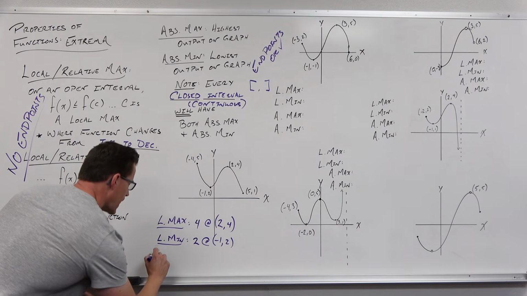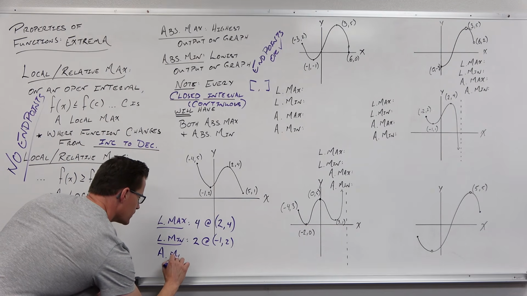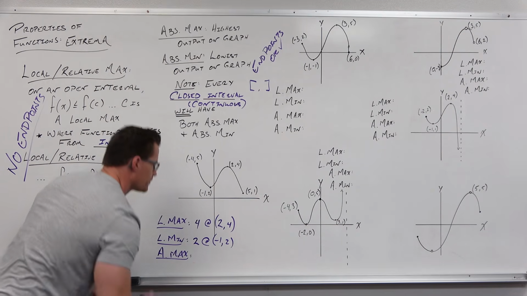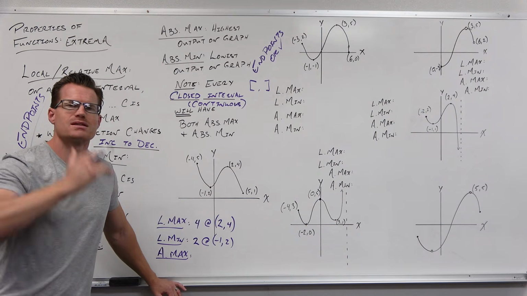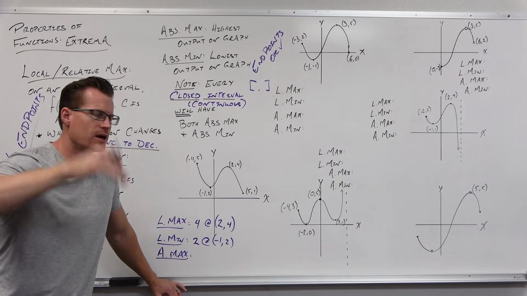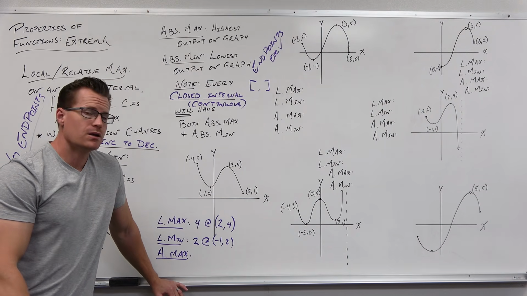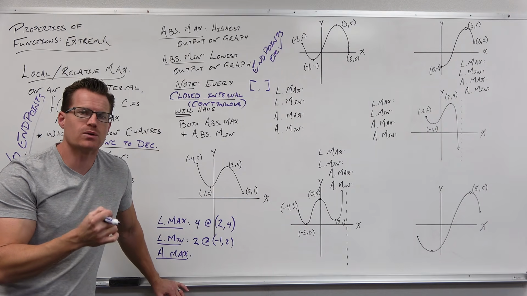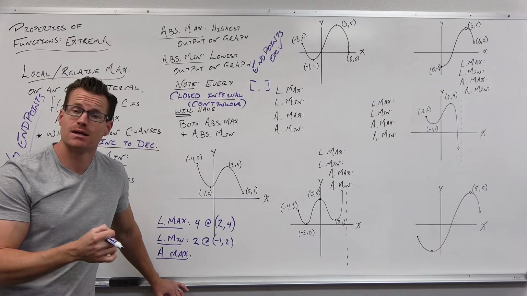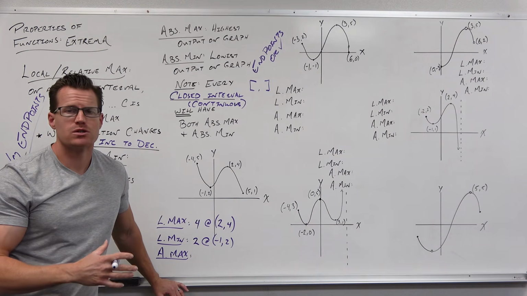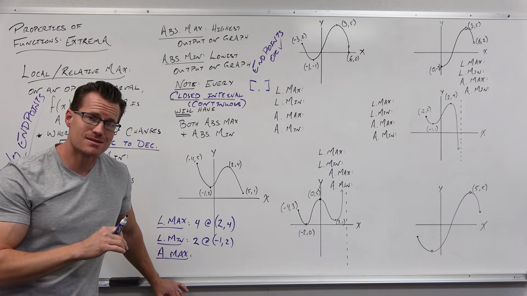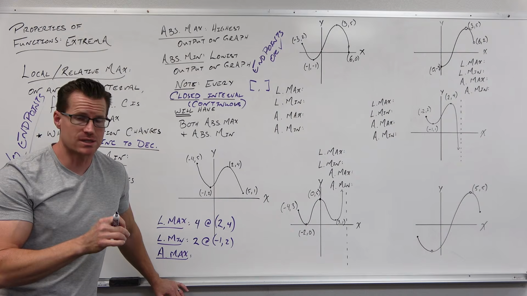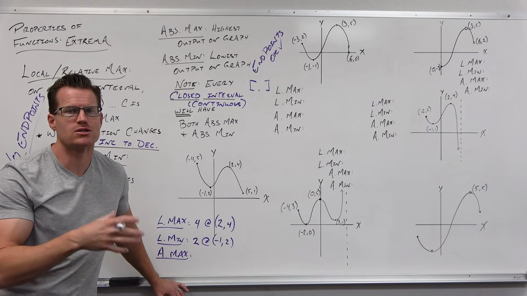And so when we look at the absolute max, what we're looking for is the highest value attained by your function. Notice one thing about it. Can it occur at something that's also a local max? Yes. Does it have to? No. So in general, we look at our local maxes and we look at our endpoints, and whatever's the highest out of those, that's your absolute max.